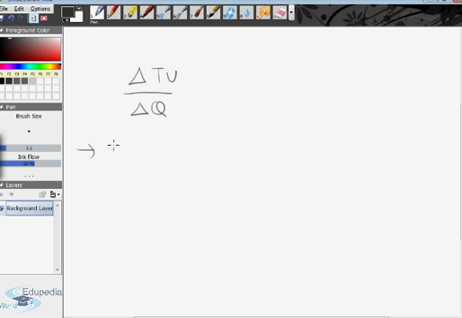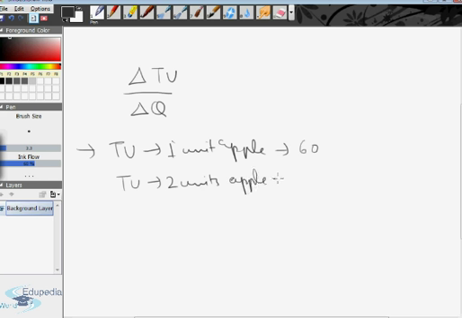So, for example, the total utility from consumption of 1 unit of apple was 60 and the total utility from consumption of 2 units of apple was 80. Thus, marginal utility from consumption of apple will be equal to the change in total utility, that is 80 minus 60, divided by the change in the quantity consumed, that is 2 minus 1.